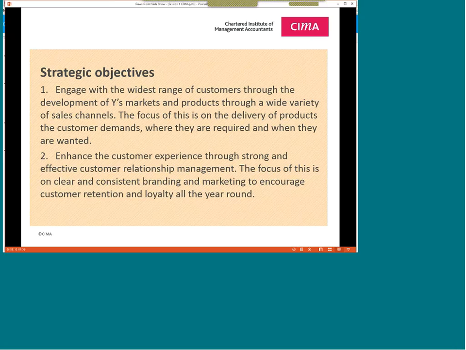And how they want to do it: they want to focus on branding and marketing to encourage customer loyalty all year round. And this is a secondary objective to deseasonalizing of sales, right? Because how will they be impacted less by seasons? If they have loyal customers that will come no matter what the season is.